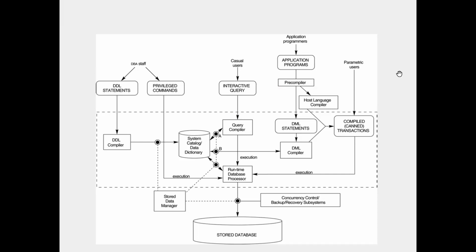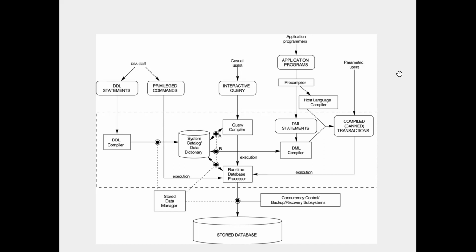Right, now the same thing, in a much more detailed view, you will see here. In the previous one, we saw a very simple interface where we had users and programs. But actually, when we say users, there could be many types of users involved in a database. For example, we have database administrator staff. Then there could be casual users who use the database.